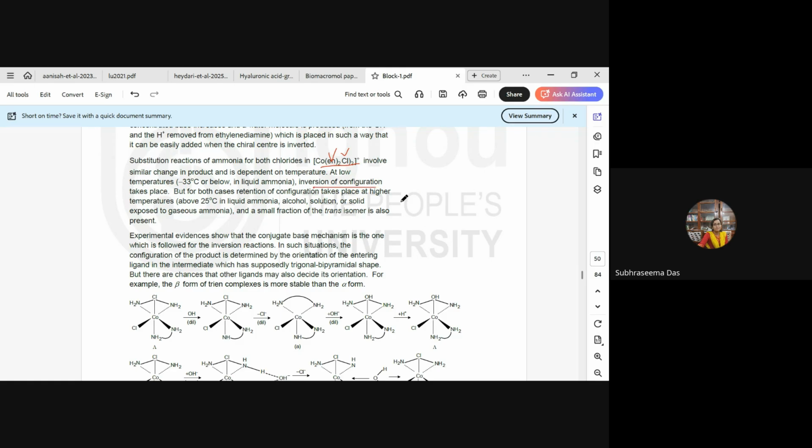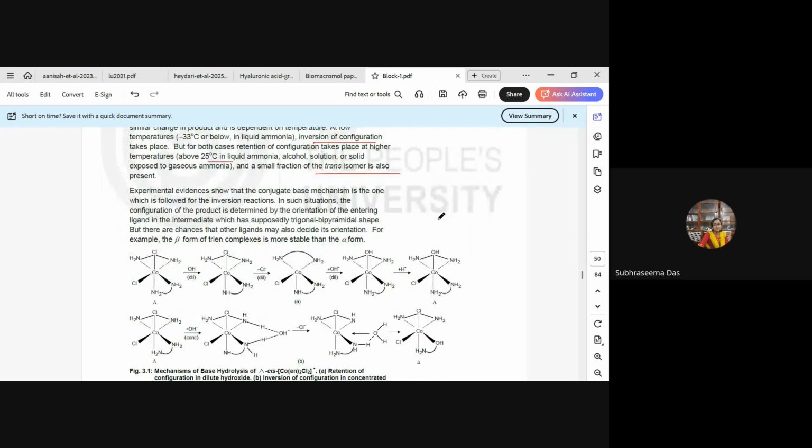But for both cases, retention of configuration takes place in liquid ammonia above 25 degrees centigrade, and sometimes the trans isomer is also present. So when we change the reaction temperature, the nature of the product that we obtain is also affected. That is why the reaction parameters for ligand substitution reactions in square planar complexes, particularly the temperature, should always be taken into account.